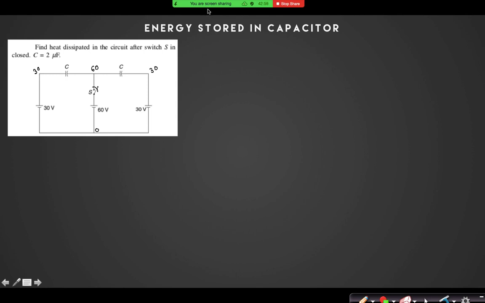So what will be the charge here? 30, 60, this is the positive terminal, so that will be 30 into C, right? 60 microcoulomb, that is plus, and similarly that will be plus 60 microcoulomb, right?